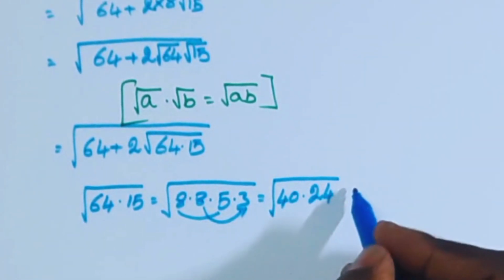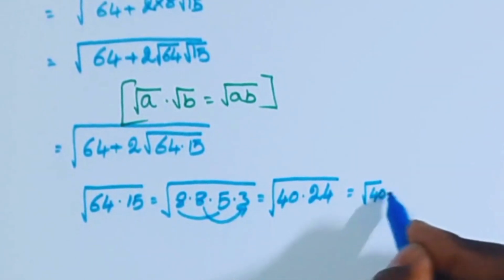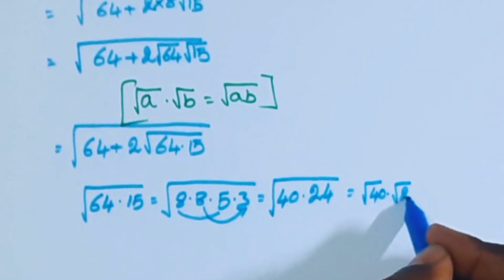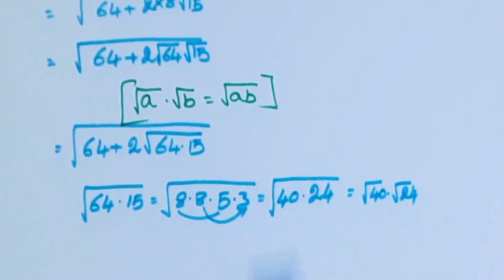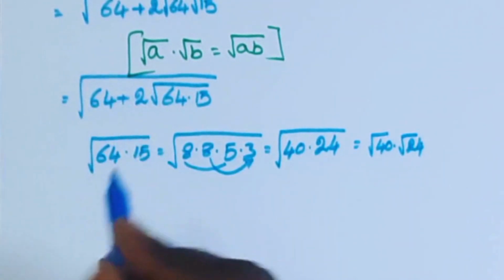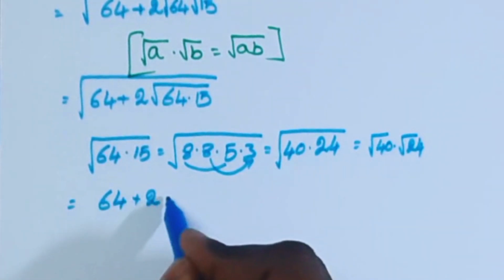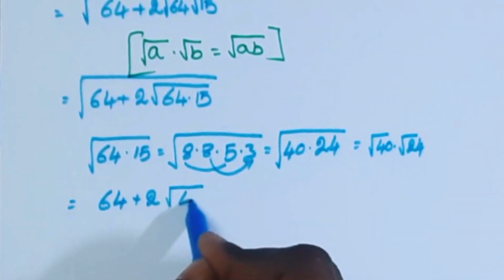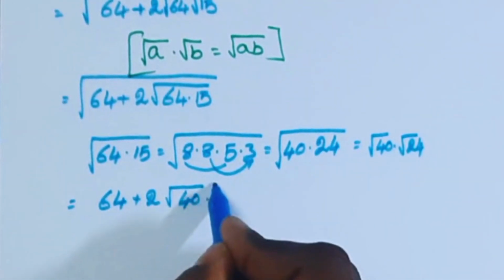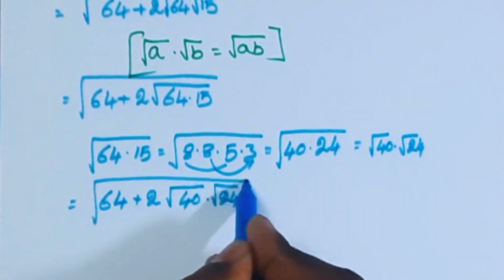Now according to this previous square root formula, square root of 40 times square root of 24, we can write this. So coming to this, it is 64 plus 2 square root of 40 times square root of 24, in square root.